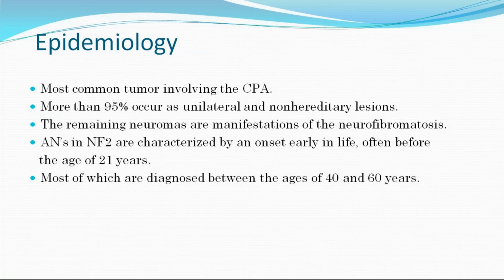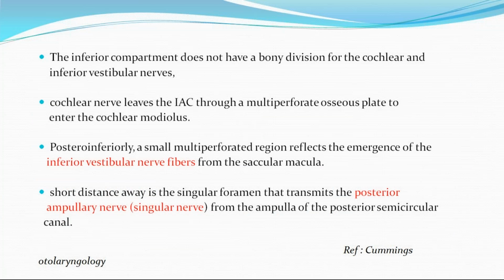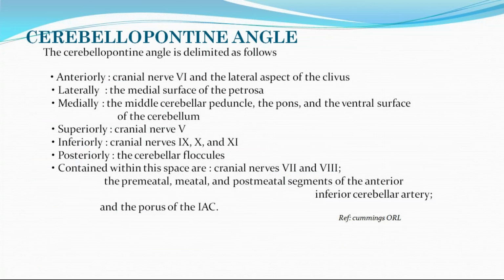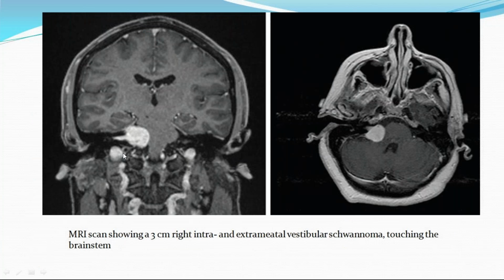If you see here, let us go back to the picture. If a tumor is present in the internal auditory meatus, we have only hearing loss. And even though the facial nerve is one of the contents of the internal auditory meatus, somehow or other it escapes being paralyzed.